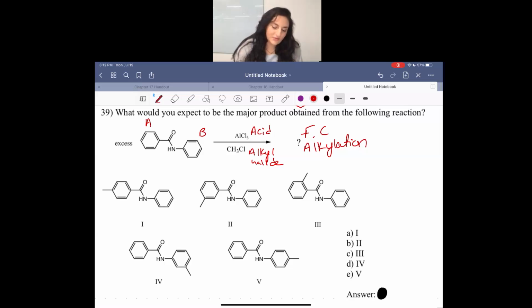Yes, it has a strong deactivator because this group is a strong deactivator. It has a carbonyl. But how about ring B? What does ring B have on it?